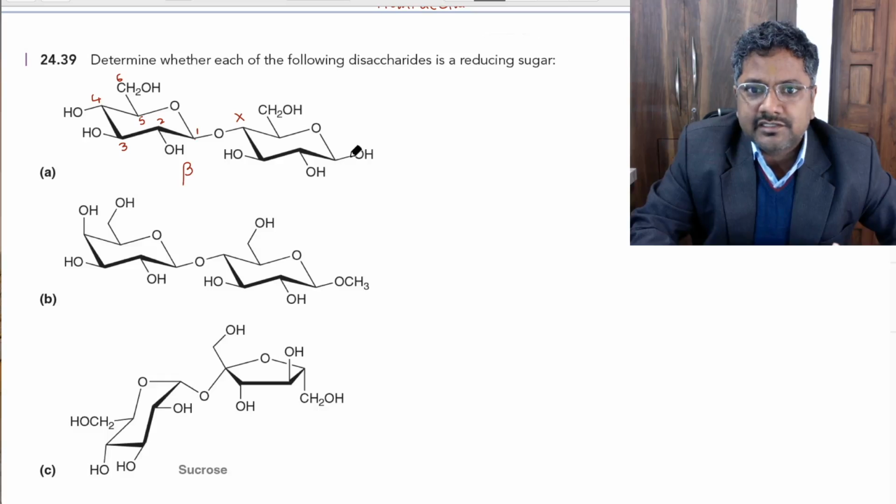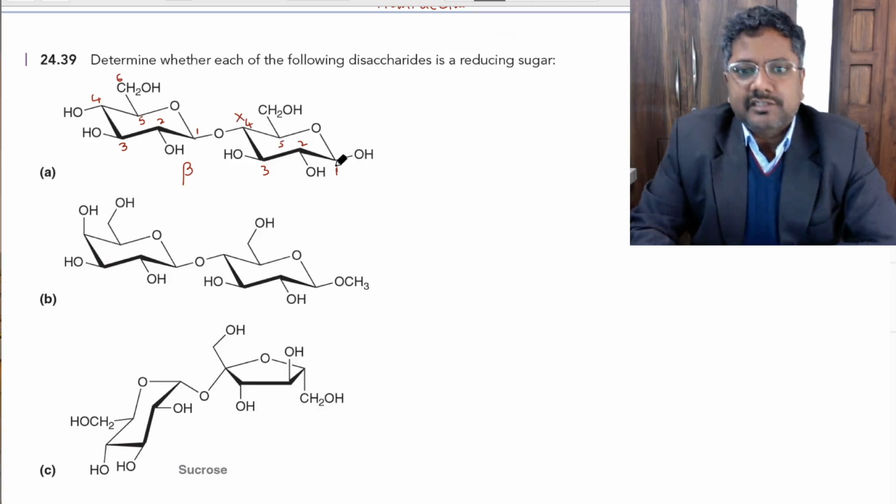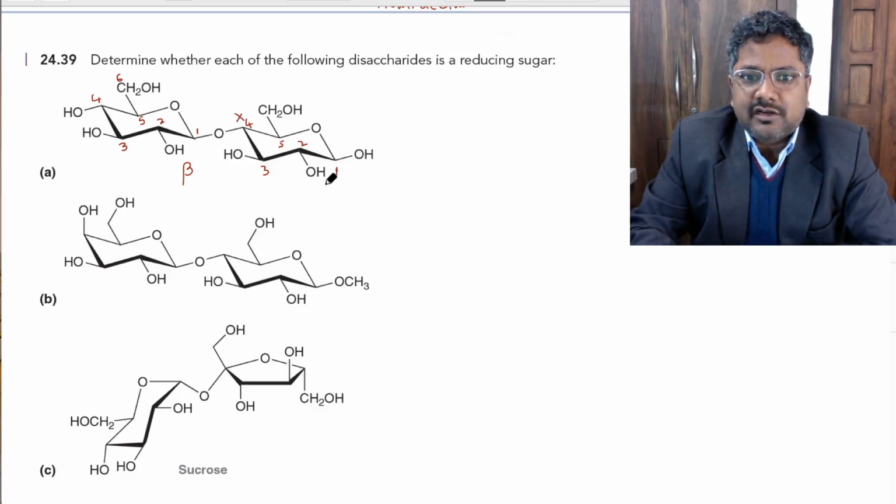You will look at the anomeric linkage. The anomeric carbon is this one, 1, 2, 3, 4. The fourth carbon is not anomeric, so whatever its orientation, that hardly matters. This is the anomeric carbon and it is the same, so this is also beta. So in the first structure, both units are beta anomers.